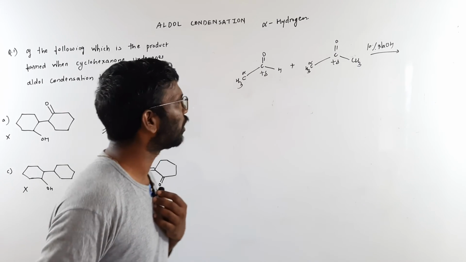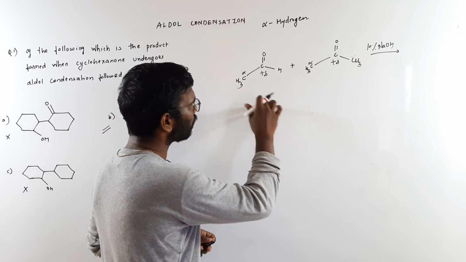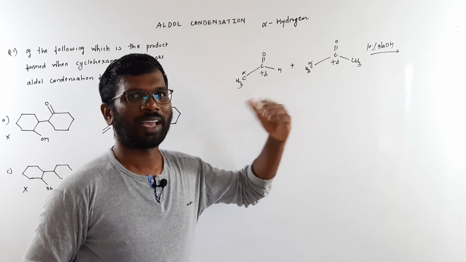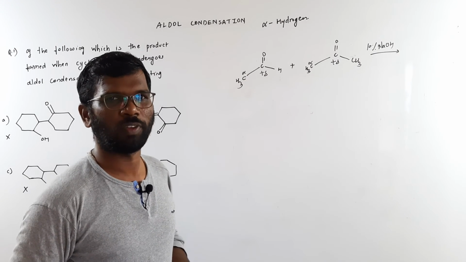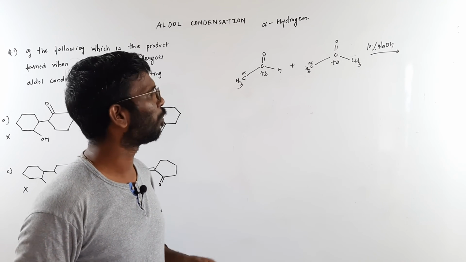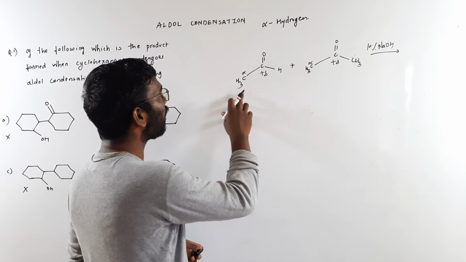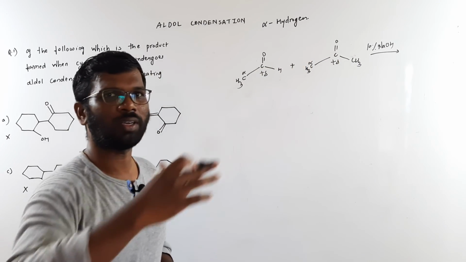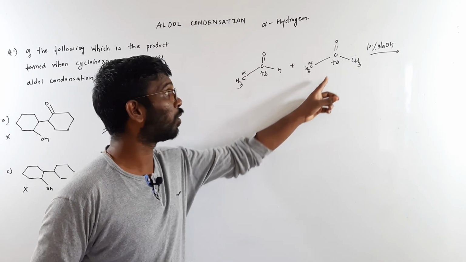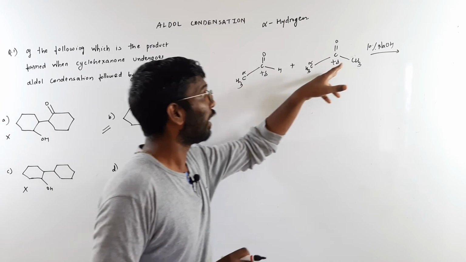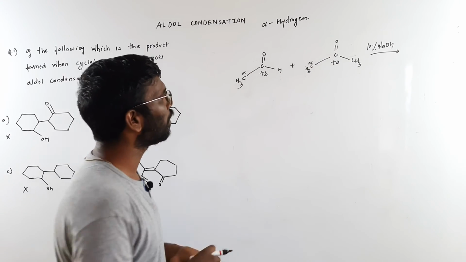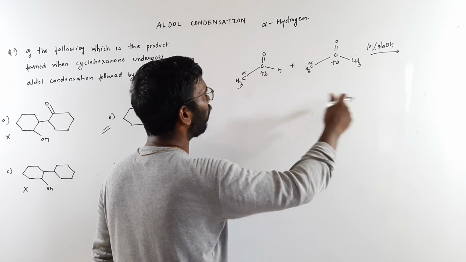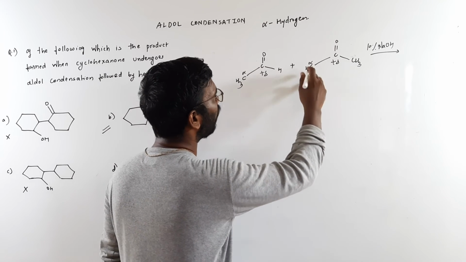So here you have to remove that alpha hydrogen which is going to give a better nucleophilic attack after the formation of the nucleophile. Whenever it is an aldehyde and a ketone, we have to remove the alpha hydrogen of the ketone.